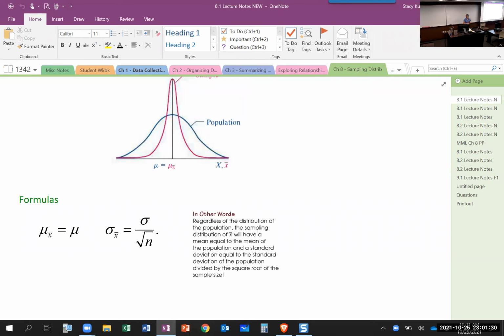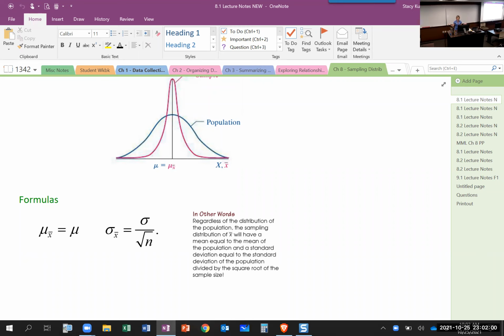So what this says is regardless of the distribution of the population, the sample distribution x bar will have a mean equal to the population and a standard deviation with our formula there. All right, that's kind of what we're talking about. Okay, so this is kind of this idea that if I pull a sample of 20 people one time and I pull a sample, say 10 years later from the same type of a population, I'm not going to get the same data, right?